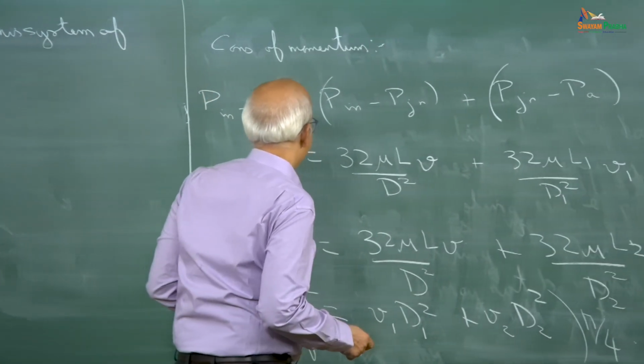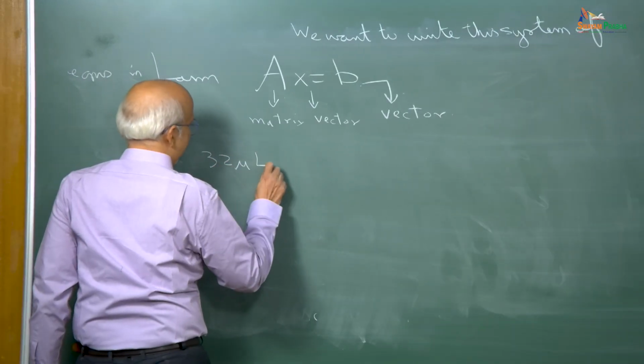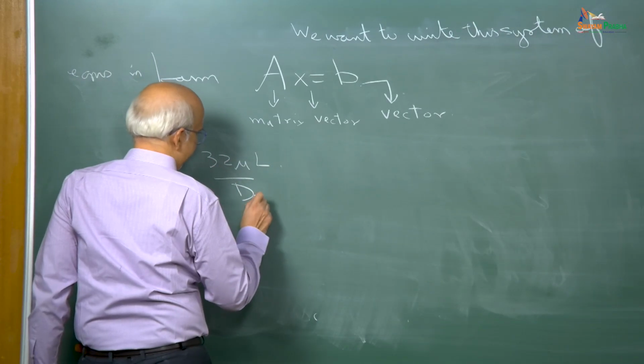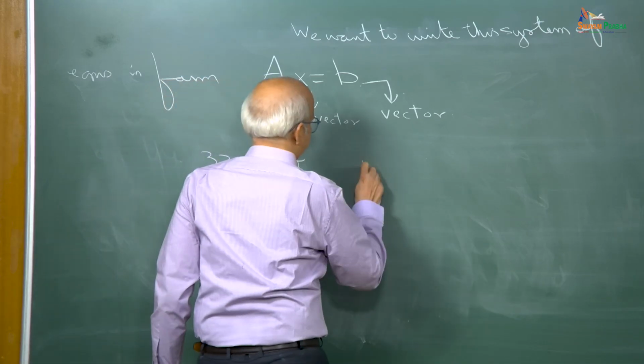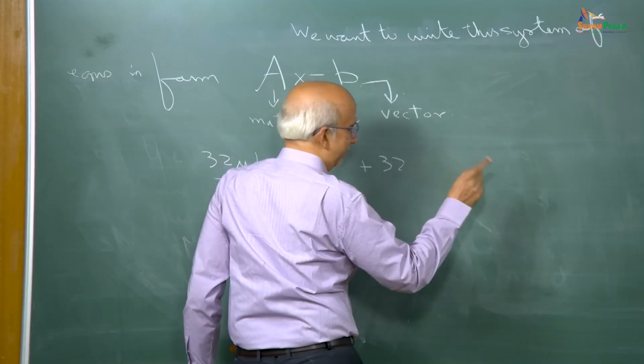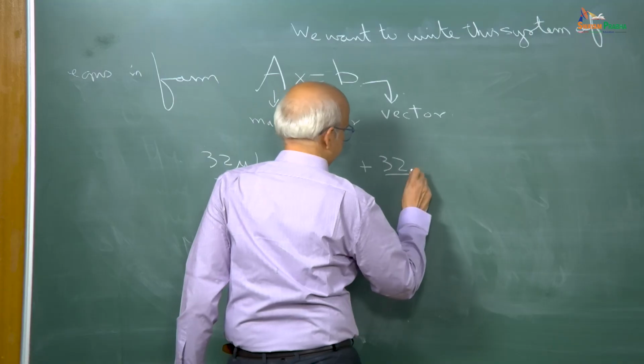So, I am going to write this as 32 mu L by d squared V. I am just doing some interchanging, you may or may not want to do this, but it is okay.